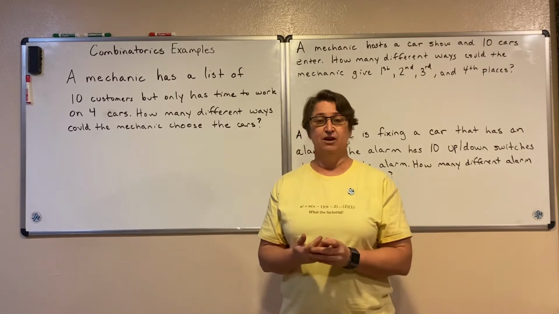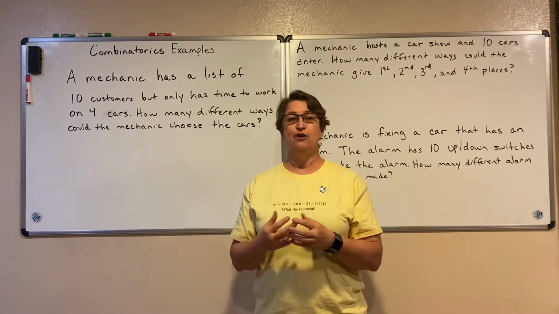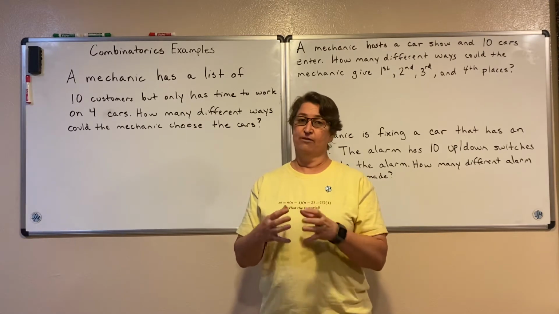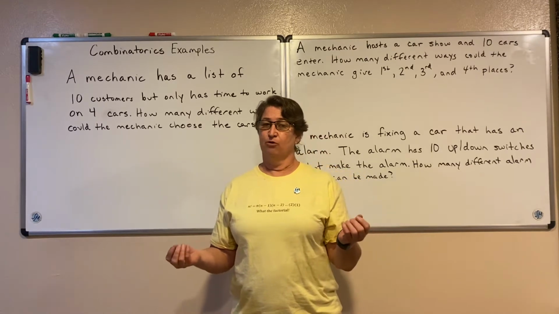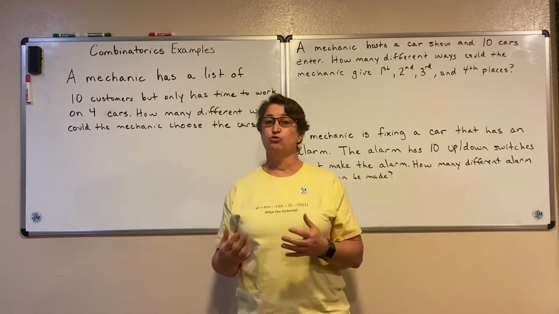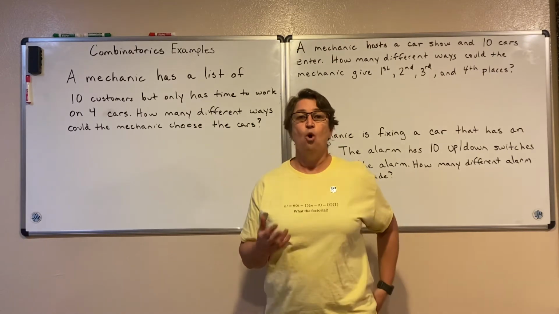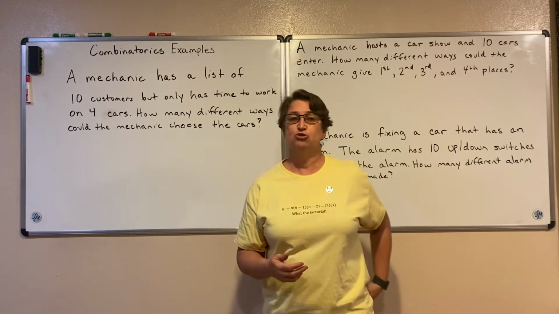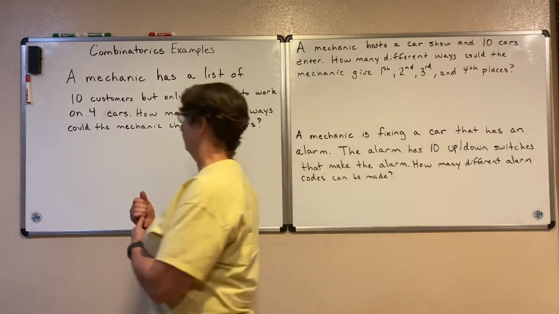So then we ask ourselves, does the order matter? Do we care if we're the 4th one on the list or the first one on the list? As long as we're on the list to get our car fixed, that's all that matters. So order here doesn't matter. We just want our car fixed. So this is a combination.